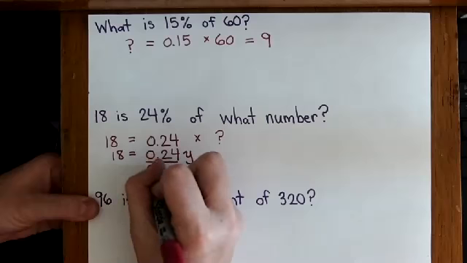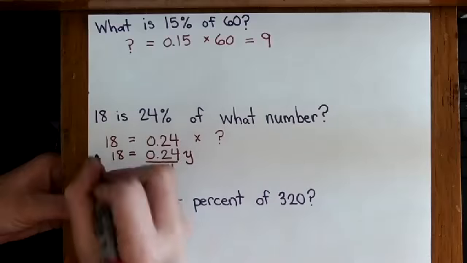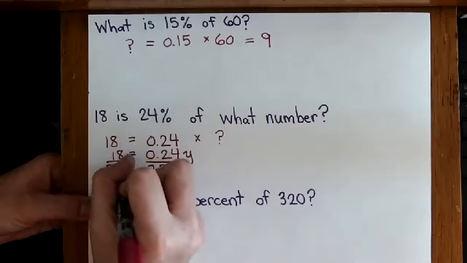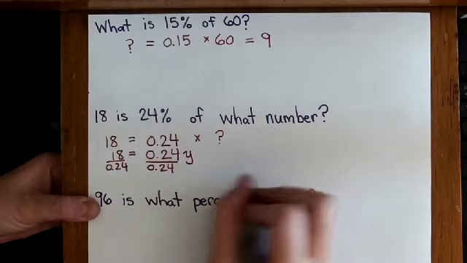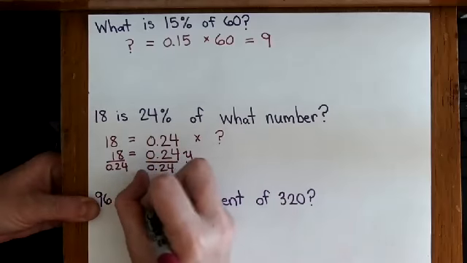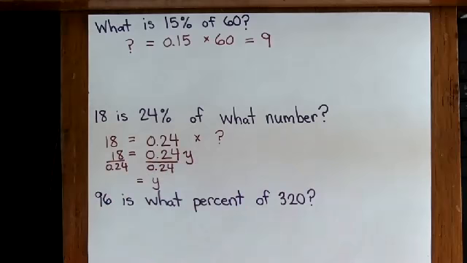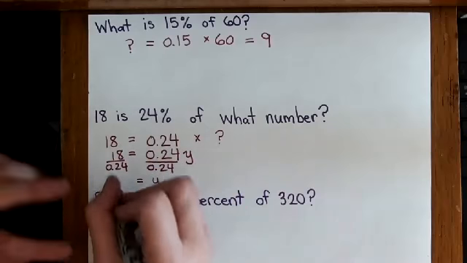So we can divide both sides by 0.24 to find out what y is. 18 divided by 0.24 is 75.